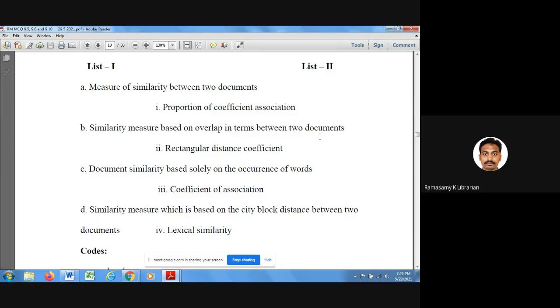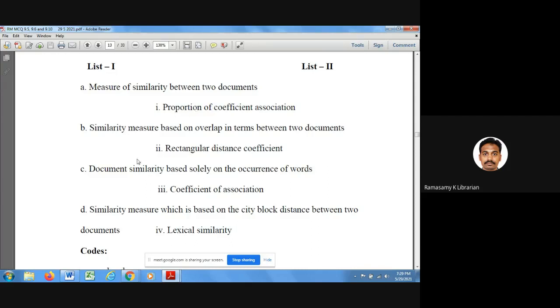That is called the proportion of coefficient association. We are talking about only those terms that are overlapping in these 2 texts.